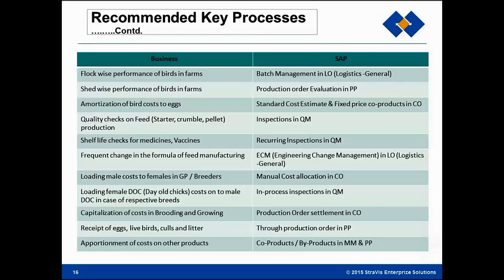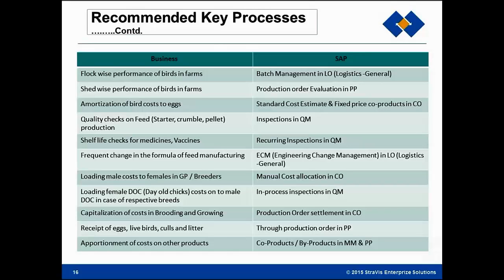And loading of male bird costs to females in grandparent and breeder can be done using manual cost allocation in CO. Loading female DOC costs on male DOC in case of respective breed in GP farming, we can do by using in-process inspections in QM.